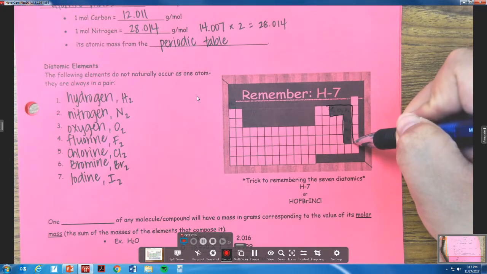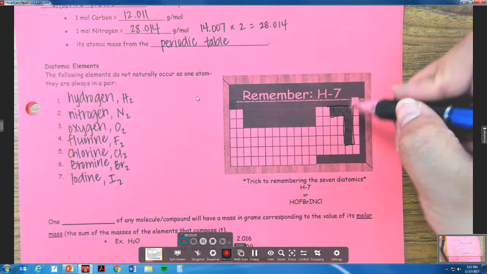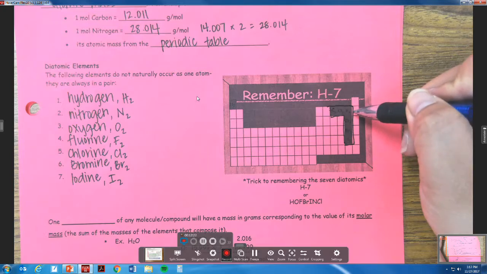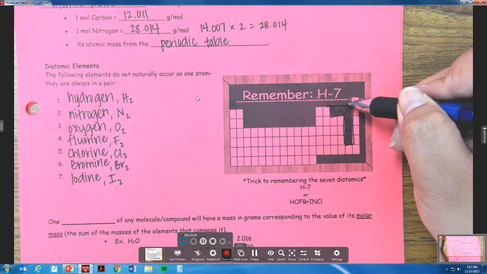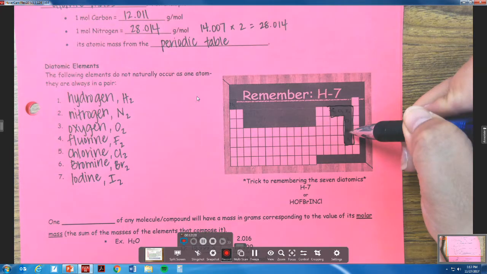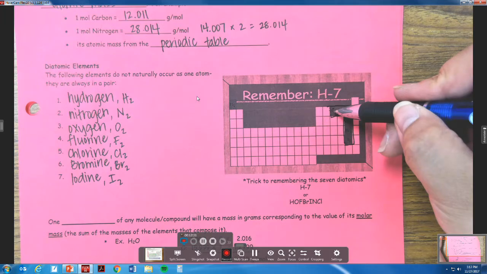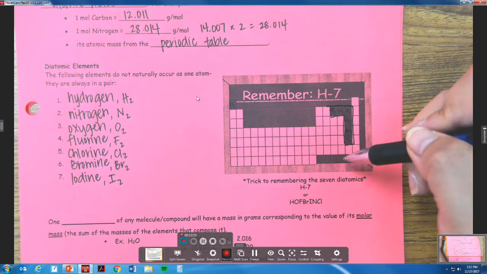So these elements: H7, starting at atomic number 7, nitrogen, oxygen, fluorine, chlorine, bromine, and iodine, which is also in group 7A. So hydrogen, nitrogen, oxygen, fluorine, chlorine, bromine, and iodine. That's your H7.